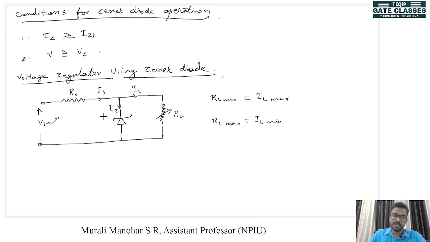But there is also one more condition. If we need this Zener to act as a voltage regulator, the minimum current through the Zener should flow. That is, IZ minimum should be at least greater than or equal to IZK. In that condition, the Zener will be turned on and the output voltage will be held constant. So when we design this voltage regulator, we need to remember all these things.